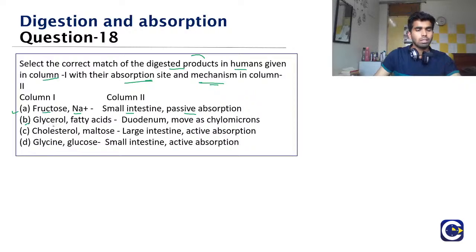Option B, glycerol and fatty acids in the duodenum as chylomicrons. Option C, cholesterol and maltose in the large intestine by active absorption. And option D, glycine and glucose in the small intestine by active absorption. So tell me, what will be the correct answer for this question?